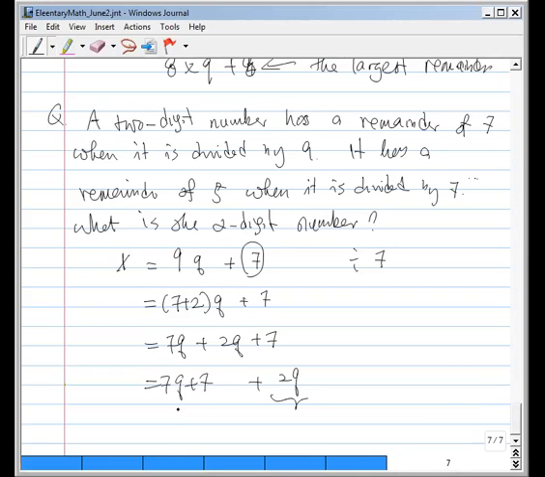Look at that, this is divisible by 7. So the remainder is always 2 times the quotient. We don't know what the quotient is, but we want to make sure this is going to be 5 when it's divided by 7. So an even number divided by 7 gives you the remainder of 5. What is that even number?